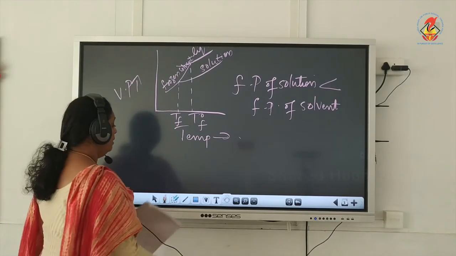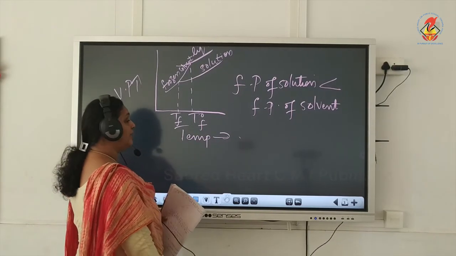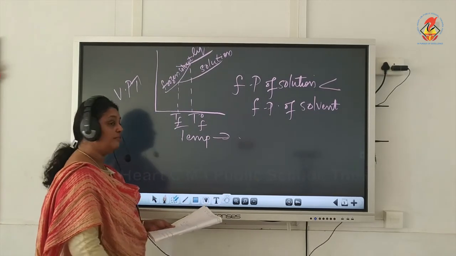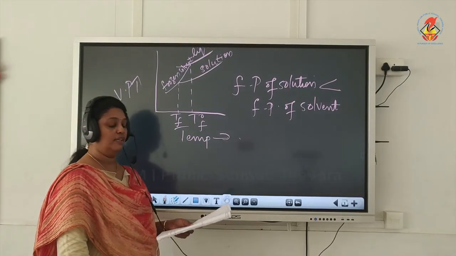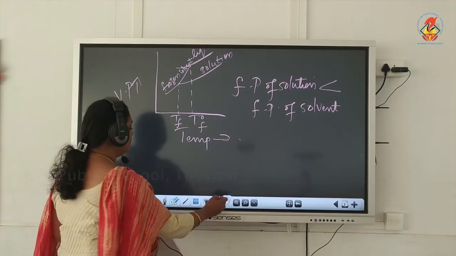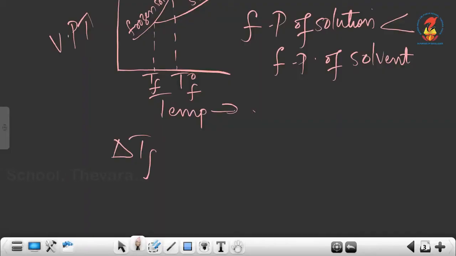Now, again, let T0F be the freezing point of pure solvent and TF the freezing point of solution. By the addition of a non-volatile solute, there is a decrease in the freezing point of solution. Therefore, decrease in freezing point, given by delta TF, is equal to T0F minus TF, because the freezing point of solvent is always higher.